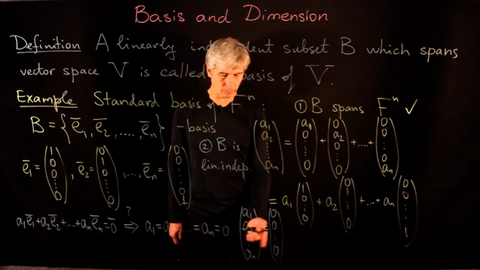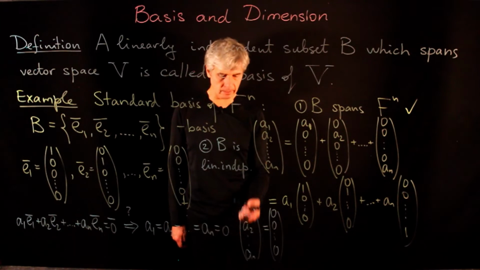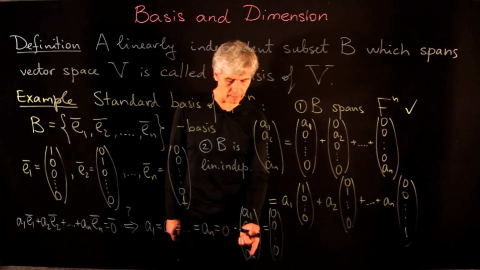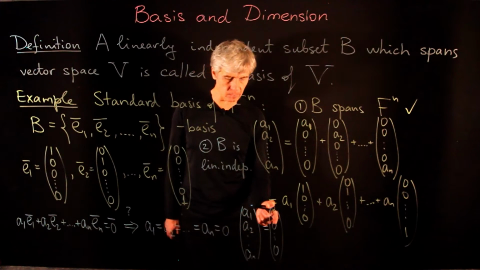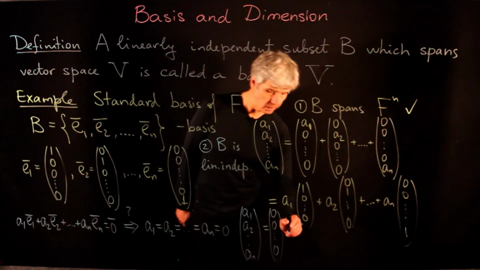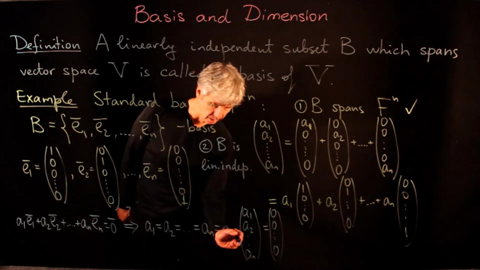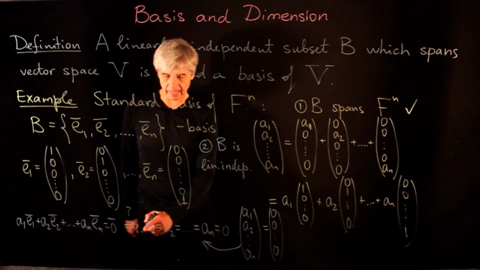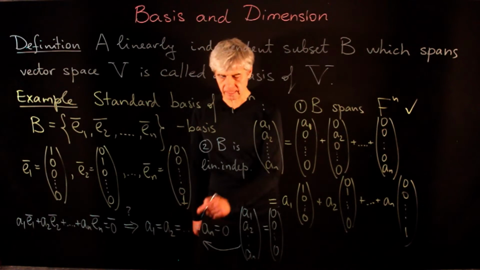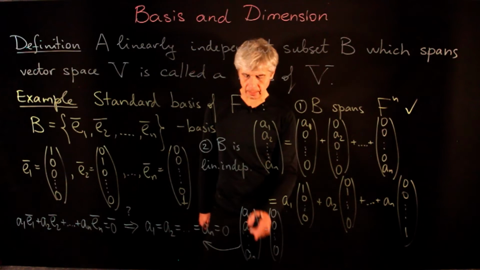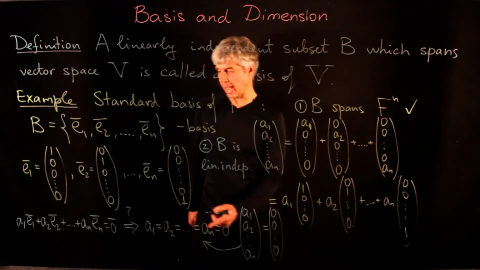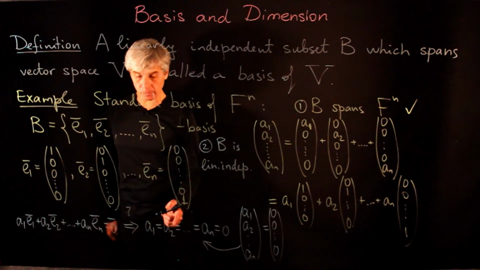And of course, if the vector a1, a2 up to an is equal to the vector of all 0s, then this implies that all ak's are actually equal to 0. And we obtain exactly what we wanted.